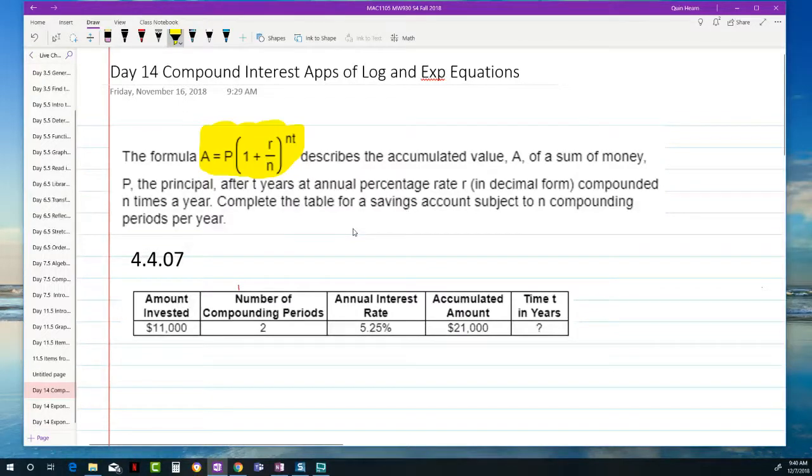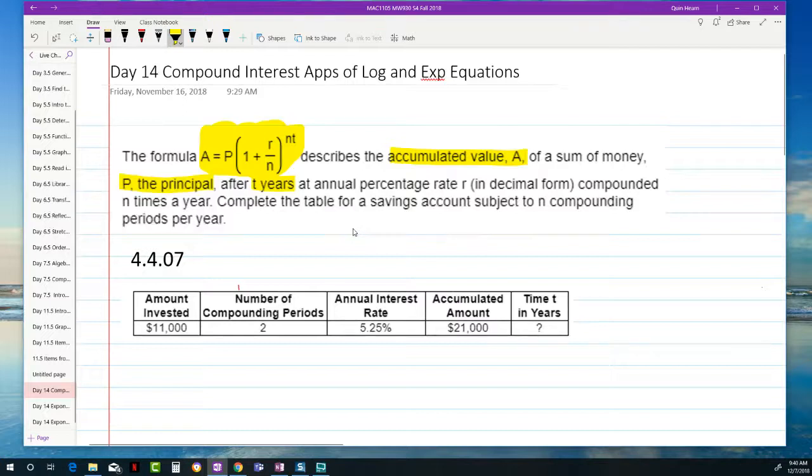And we need to know what each variable represents. A is the accumulated value of the money that you either invested or maybe owe if you're talking about a debt like a credit card. P is the principal, or starting amount of the money. t is the number of years that this interest is accumulating, so t is time, but always measured in units of years.